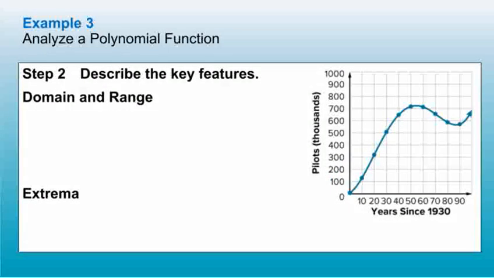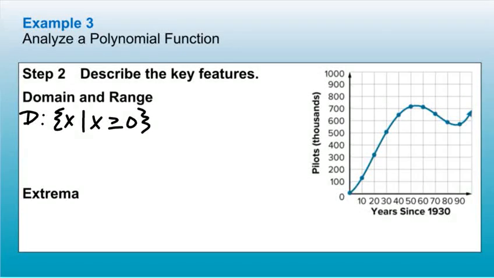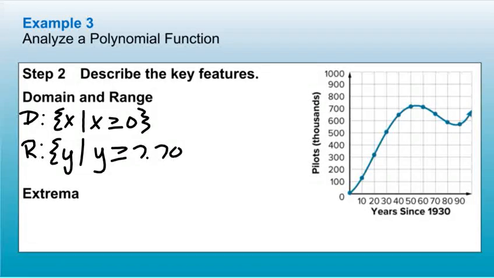So the domain and range, based on here, the domain would be x such that x has to be greater than or equal to 0. And the range, y such that, if we look at our table, the lowest number was 7.708, so y is greater than or equal to 7.708.